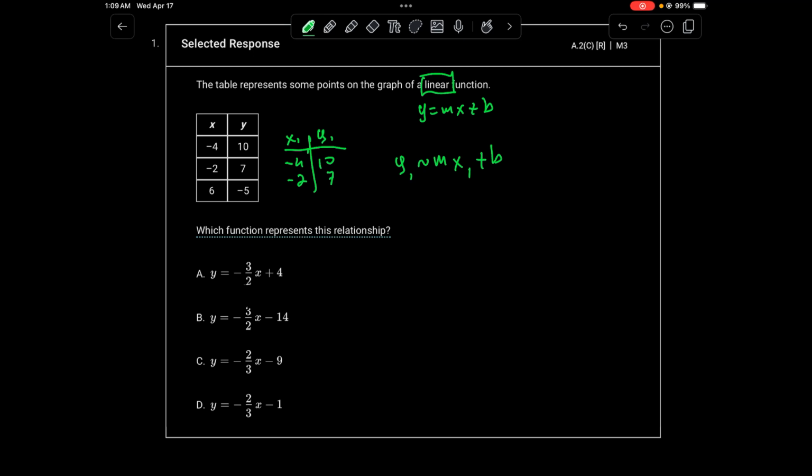And if I don't see that I only need 2 points, then I can get. Just to remind you that this one refers to the point negative 4, 10. This one refers to the point negative 2, 7. And this one refers to the point 6, negative 5. Where in the first place we have the x, and in the second place we have the y coordinate for each point.